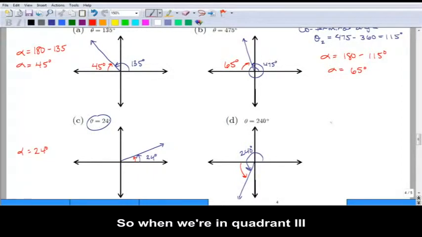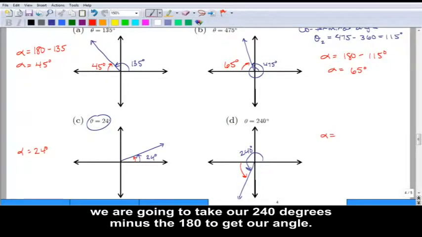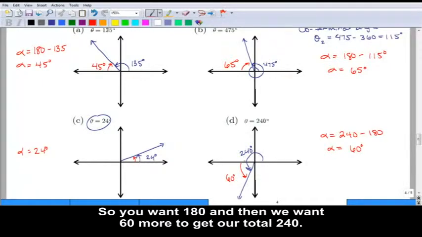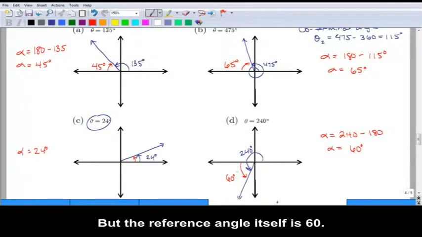So when we're in quadrant 3, we're going to take our 240 degrees minus the 180 to get our angle. And in this case, we end up with a 60 degree angle as our reference angle. So we went 180 and then we went 60 more to get our total 240. But the reference angle itself is 60.